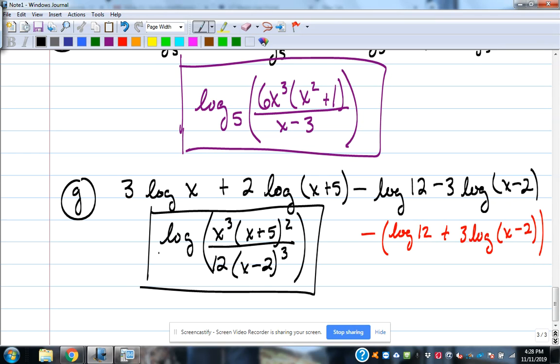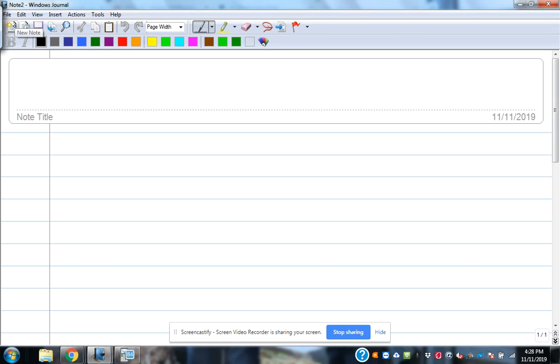All right. Now let's jump into the next section and talk about solving logarithmic and exponential equations. We did a little bit of this with last week's stuff. This week it's going to go back to that a little bit, but then get into more complicated ones that have the logarithms going on as well.